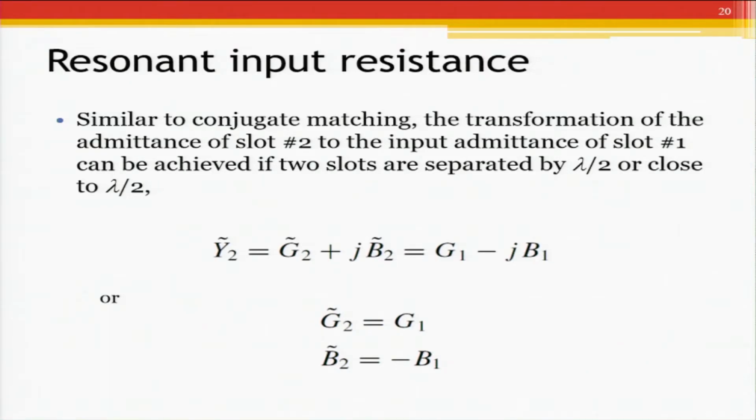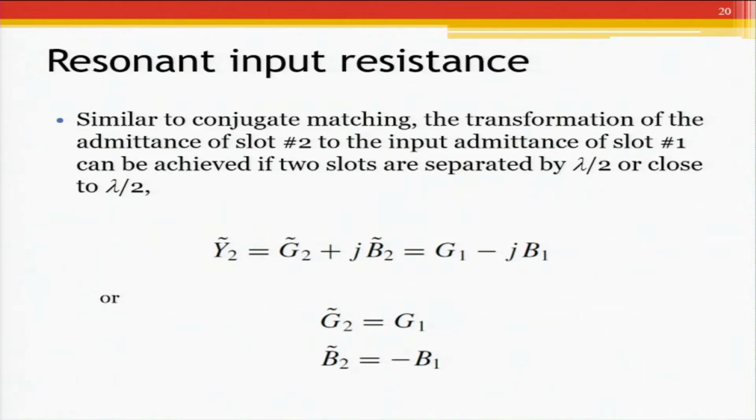In order to match radiating slot number 2 and slot number 1, the transformation of radiating slot number 2 admittance will be equal to G1 minus jB1. The original is G2 plus jB2, but after transformation, after matching, it will be equal to G1 minus jB1. So that when you series combine the admittance, you are left with only conductance, and you can just delete this susceptance.